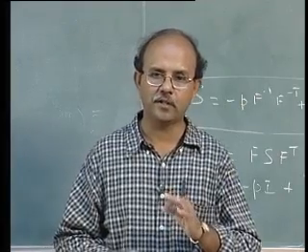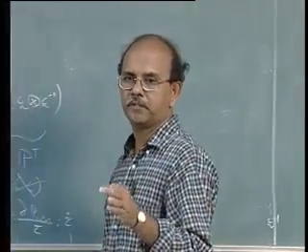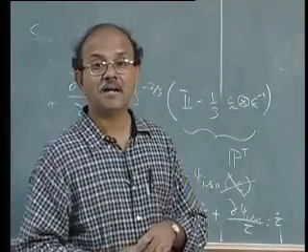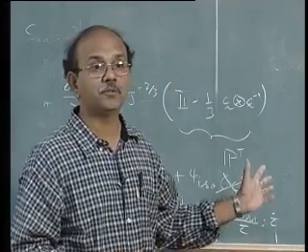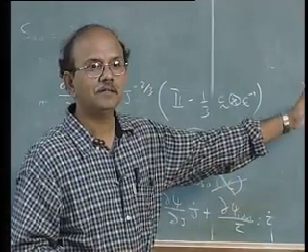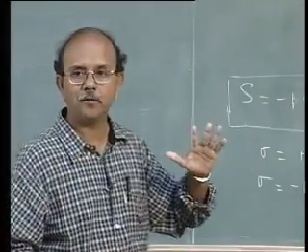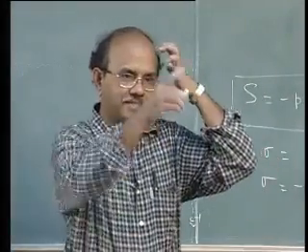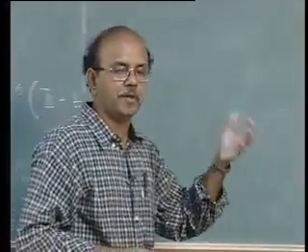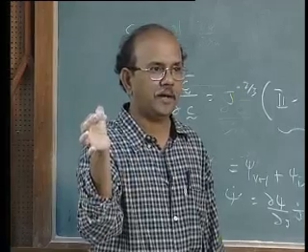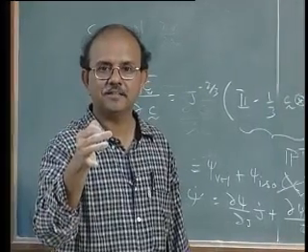Why did I go to psi dot in the previous class, a couple of classes back? Because I wanted to substitute this into the CDI, the Clausius-Duhem inequality. Only thing is that I am removing that inequality part because I am still in elasticity.